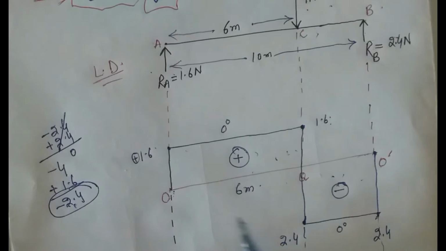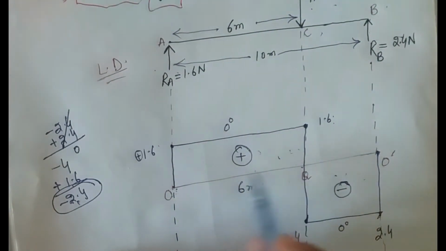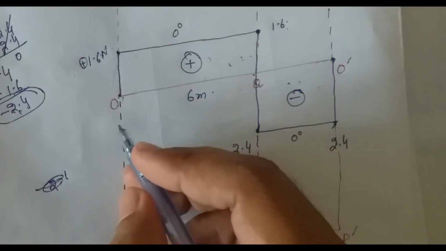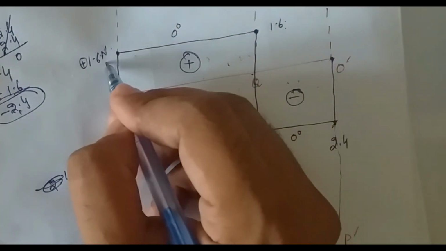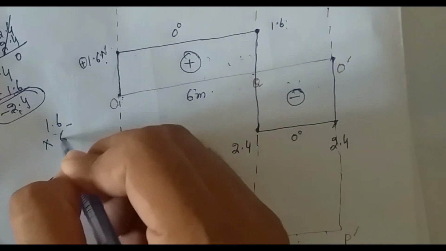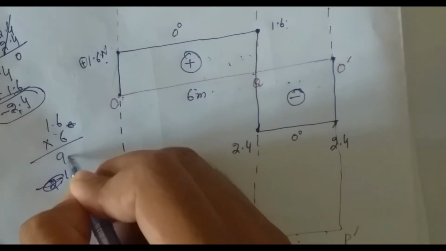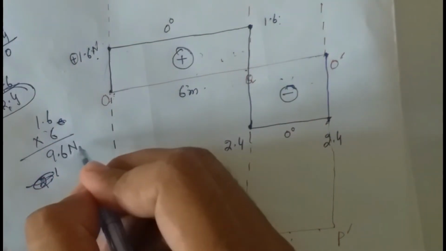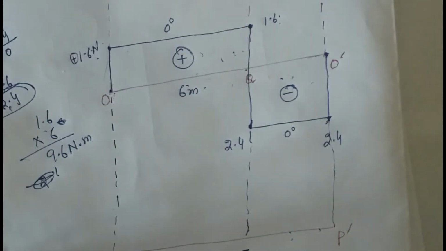So this side of the rectangle is 6 and this side is 1.6 Newton. For the rectangular area we multiply length by width, so 1.6 multiplied by 6 gives 9.6 Newton. So it gives 9.6 Newton meter.